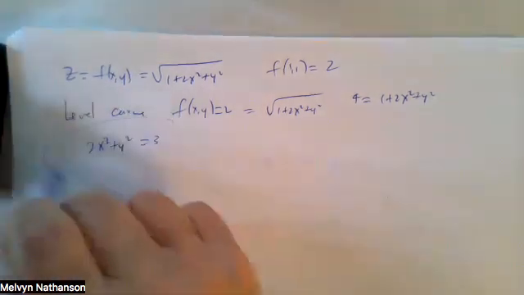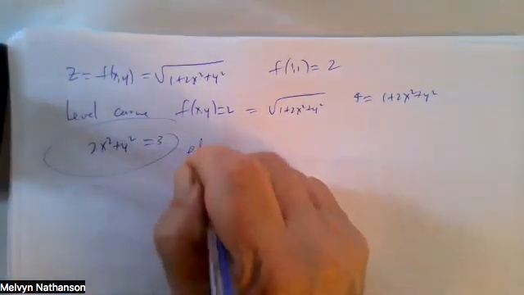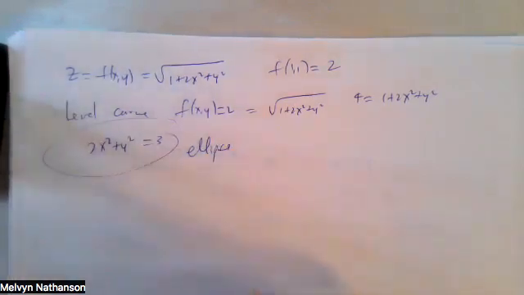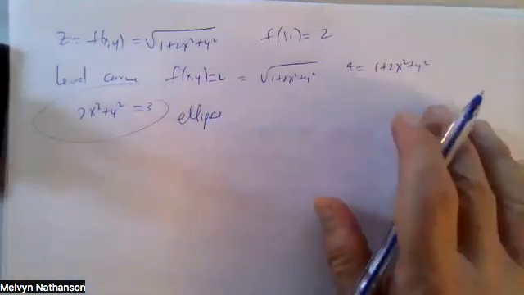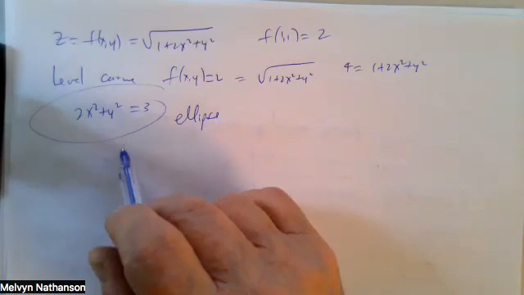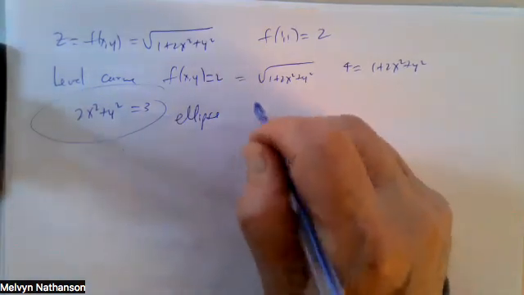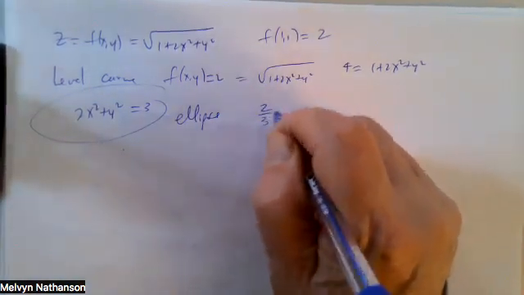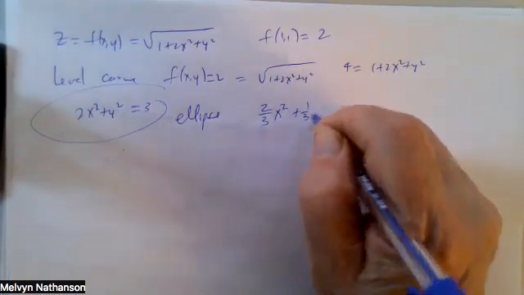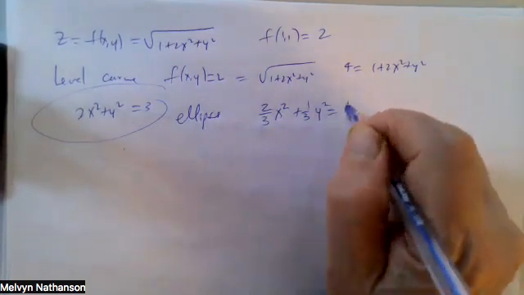What is the graph of this? Well, you may or may not have learned, though you should have somewhere, that this is an ellipse. This is the same as 2/3 x squared plus 1/3 y squared equals 1.